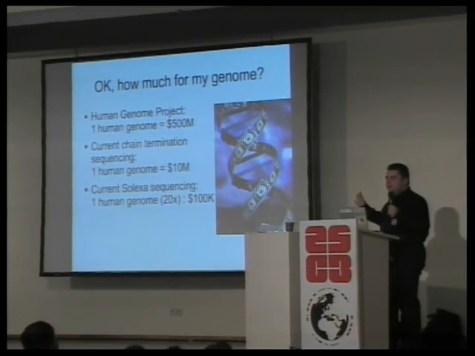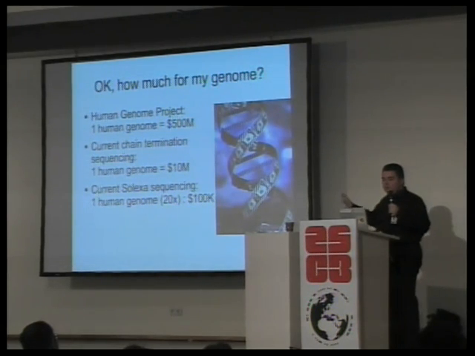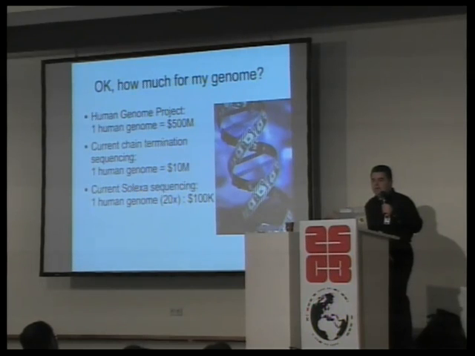Why do I need this? If you want the complete genome, everything for sure, you have to go to like 20x coverage, because it's not equally distributed. So there are some regions that have 50x coverage, sequenced 50 times, and some that are only sequenced 10 times.